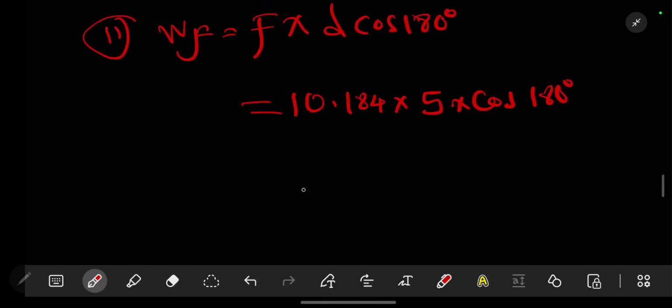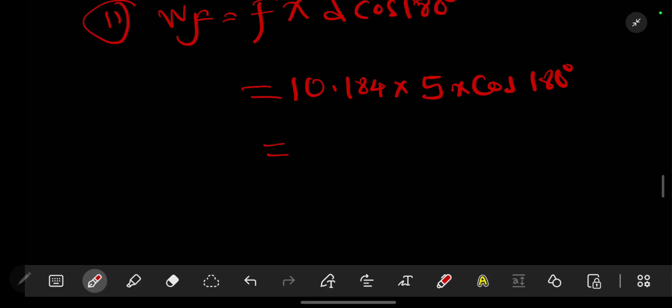So we have 10.184 times 5 times the cosine of 180 degrees. This gives a value equivalent to negative 50.92 joules. So the work done by friction is negative 50.92 joules.